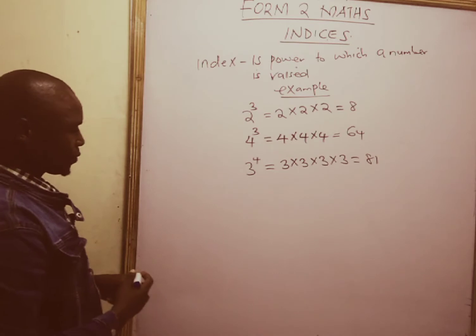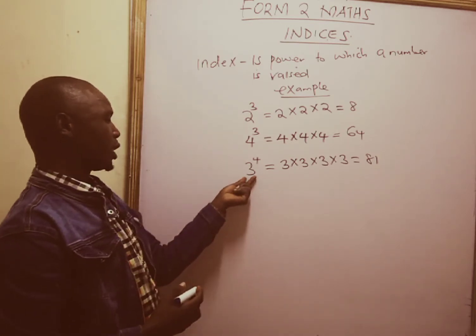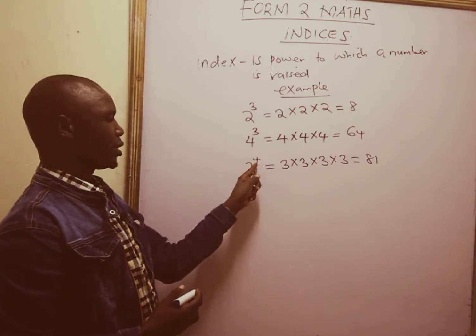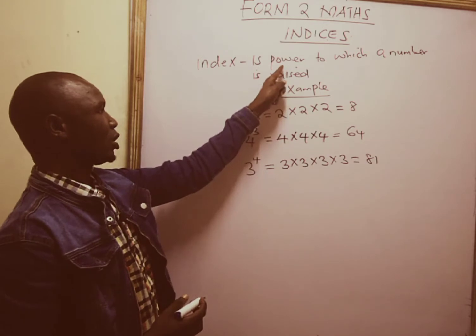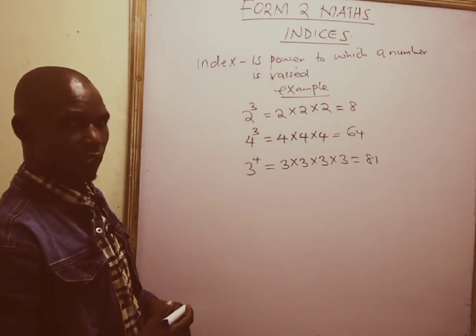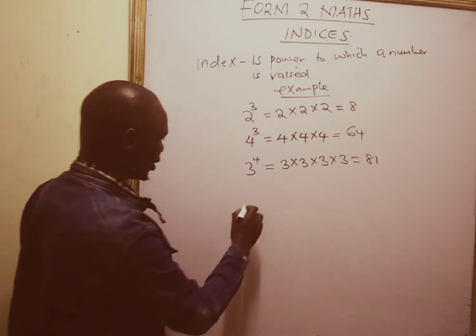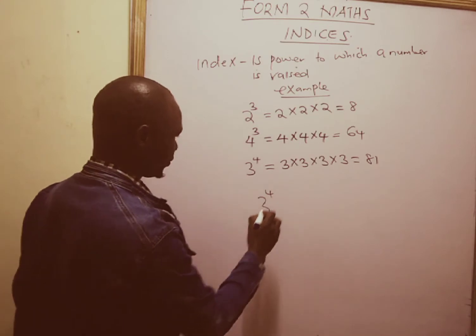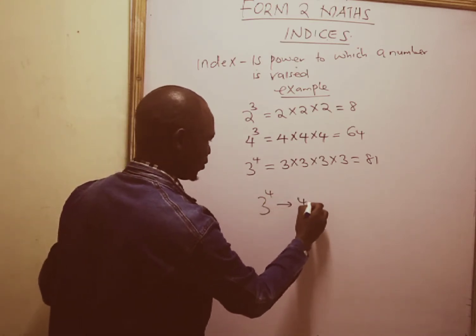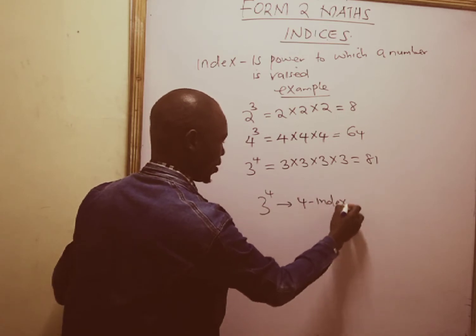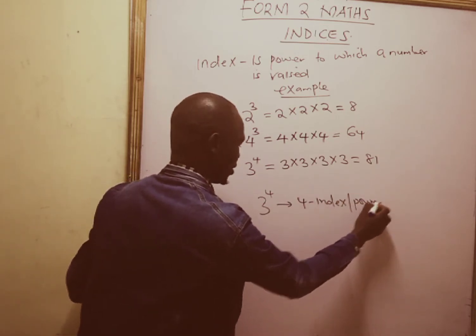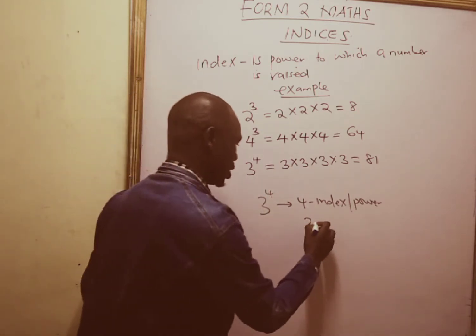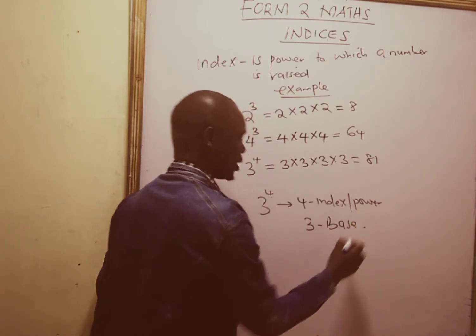In this case, if you look at the number 3 is raised to 4, meaning 4 becomes our power, or what we call an index. Therefore, we can say 3 power 4, this 4 here, 4 is the index, or what we call the power. Then, of course, 3 which carries the power, we call it the base.